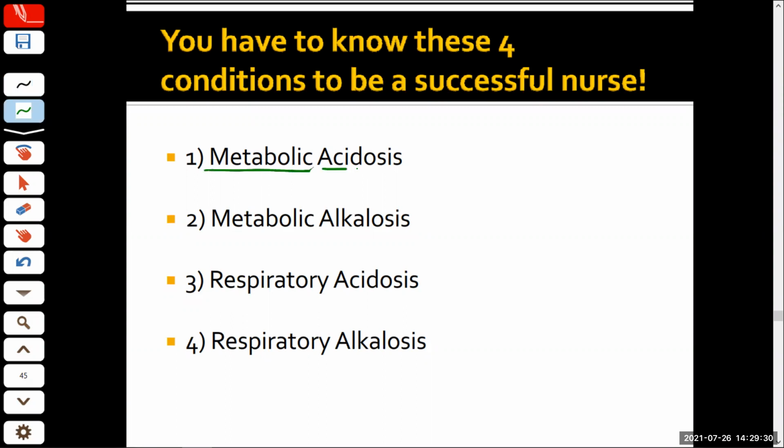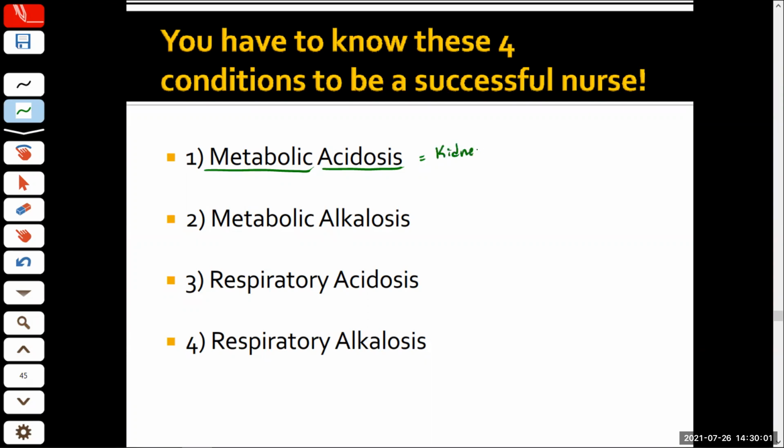Metabolic acidosis. This is a medical diagnosis. You guys will not be diagnosing patients, but on handoff, you might have a patient that has metabolic acidosis. You need to know what this means. So let's start with metabolic. What organ does metabolic refer to? Kidneys. Whenever we say heart failure, we're specifying the organ that's failing.